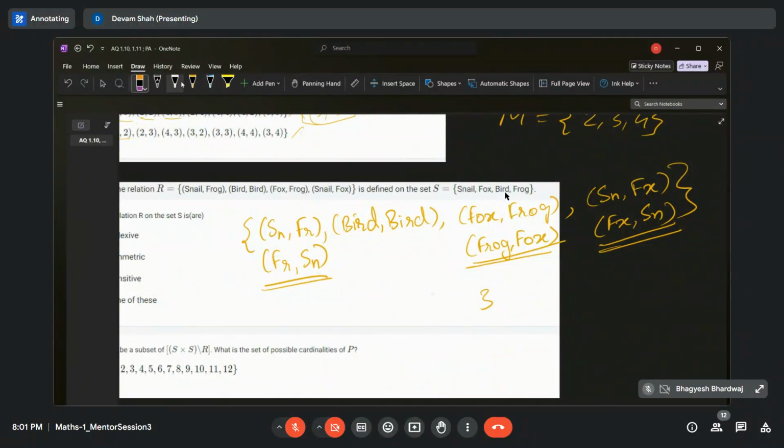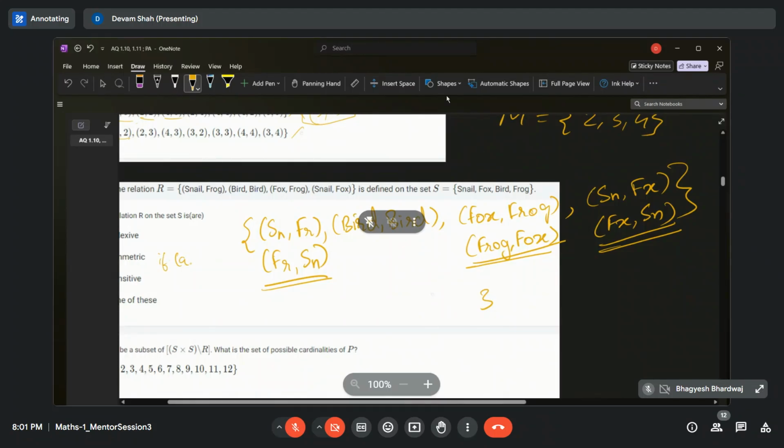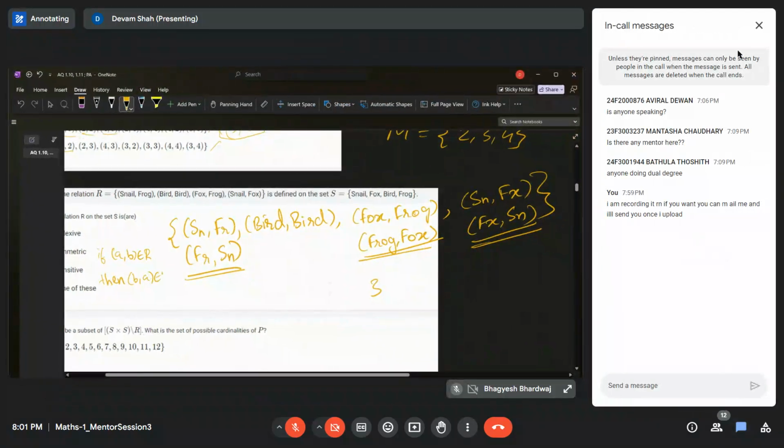Can you say what is a symmetric relation? Like for the example you have taken, if A comma B is in R, then what? A comma B should be in the relation and B comma A also present in the relation.